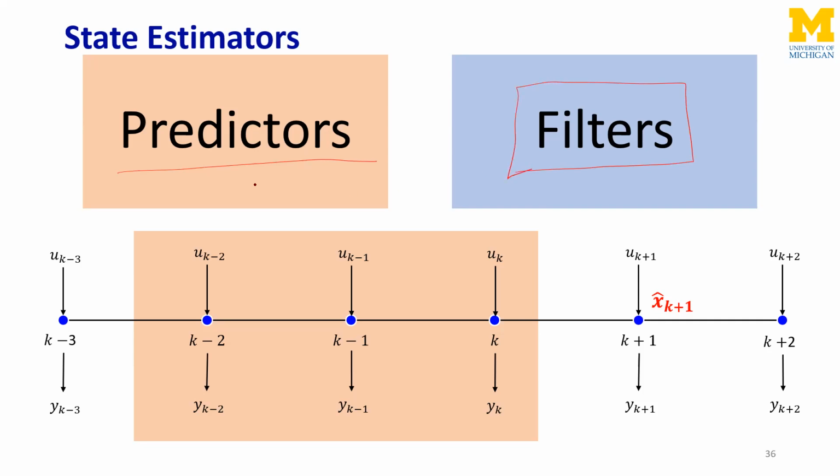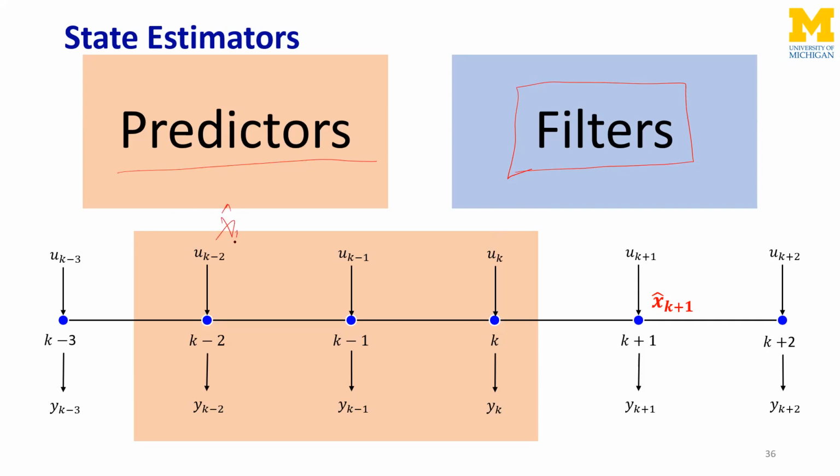So what is special with the predictor? Predictor actually takes the data up to step K. So it uses UK and YK, and it predicts the value of the state at step K plus 1, X hat K plus 1. And as you saw, the estimator was X hat K plus 1 equals the dynamics plus KK times the Y, actually I should write it down.